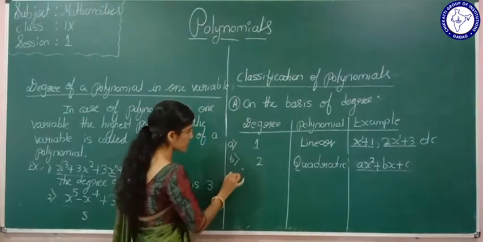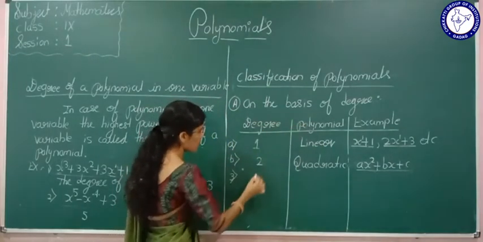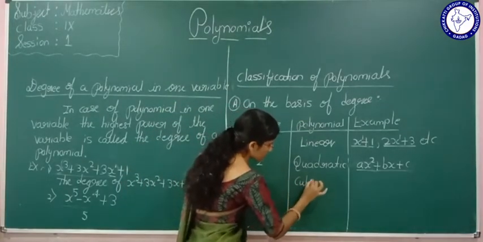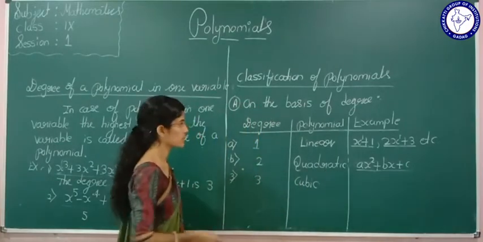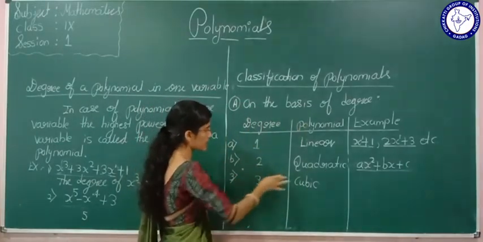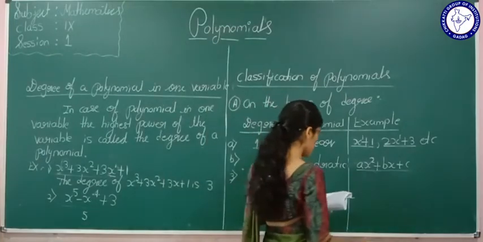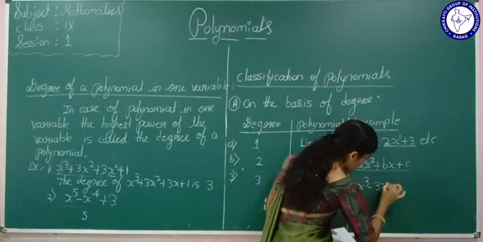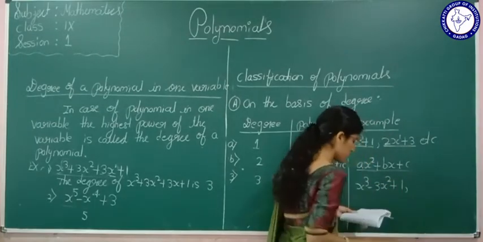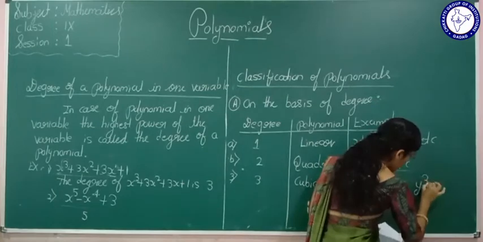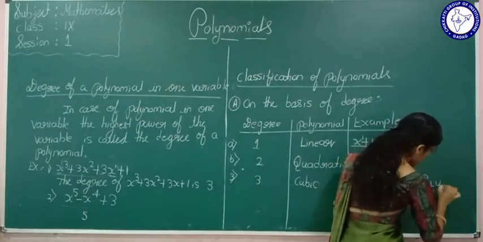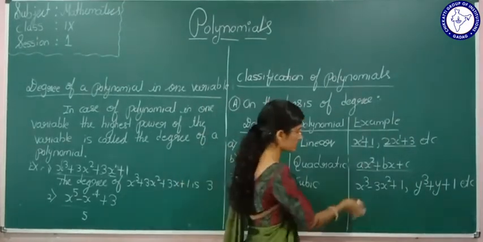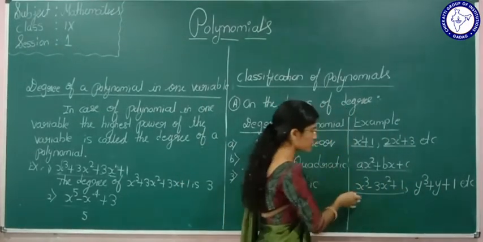So next we will see, if the degree of the polynomial is 3, it is called cubic polynomial. We will see examples: x cube minus 3x square plus 1, and one more example: y cube plus y plus 1, etc. Now see students, this is definitely a polynomial, right?